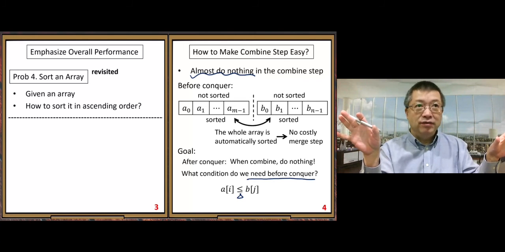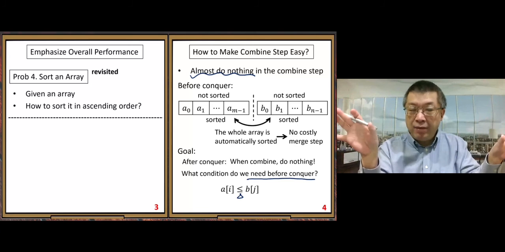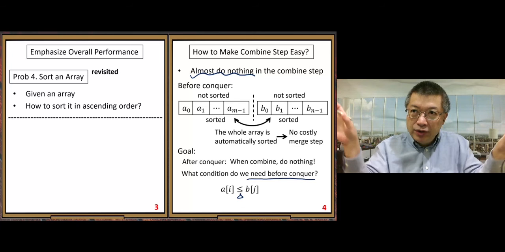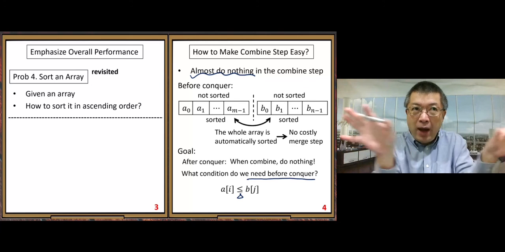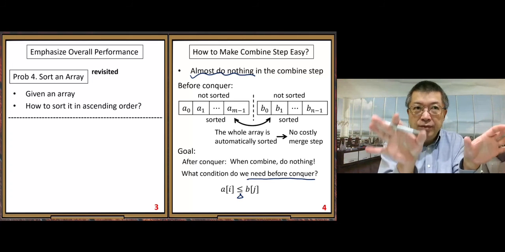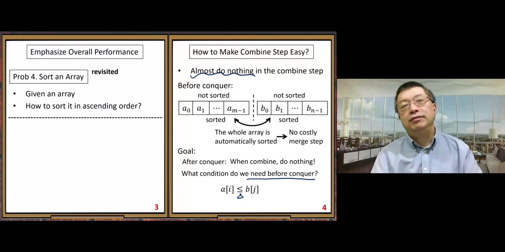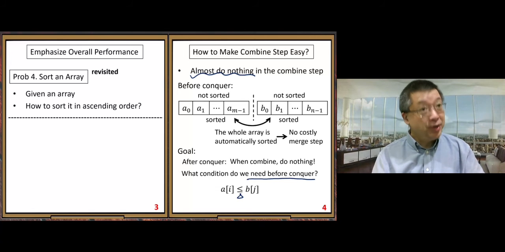If we have that special property, can we just put two sorted subarrays back to back, one after another, to make the whole array automatically sorted? Yes, by intuition, it must be true.